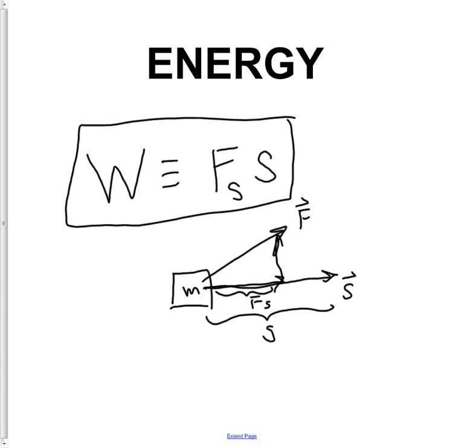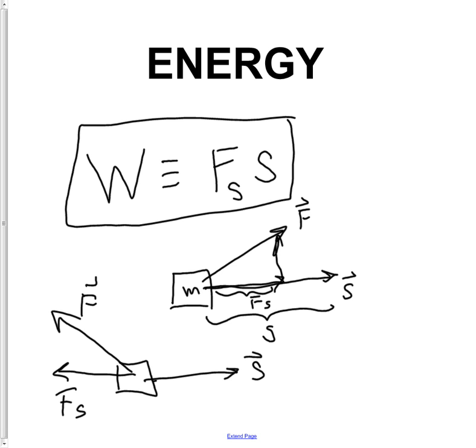It's not a vector. However, it can be either positive or negative, because if S is this way and F sub S is this way, then the component of F along S is negative F sub S. So think of S, if you like, as being X, the positive X direction.